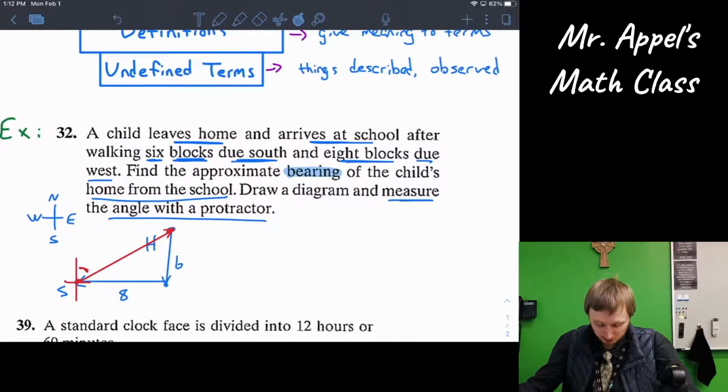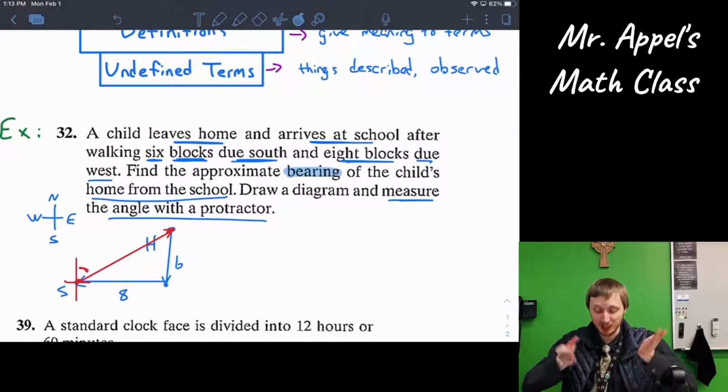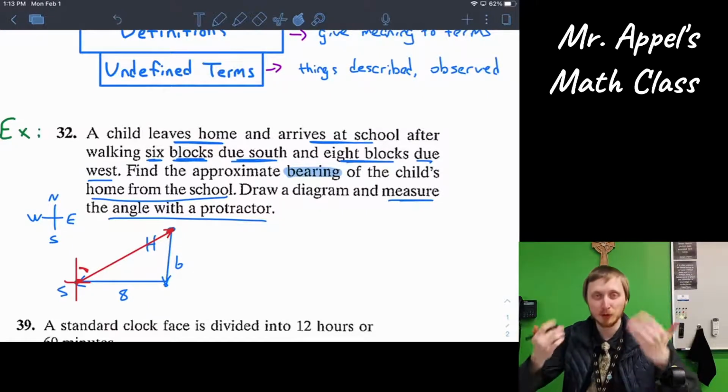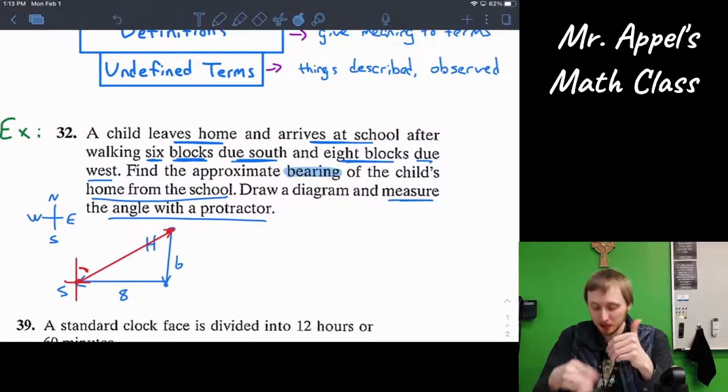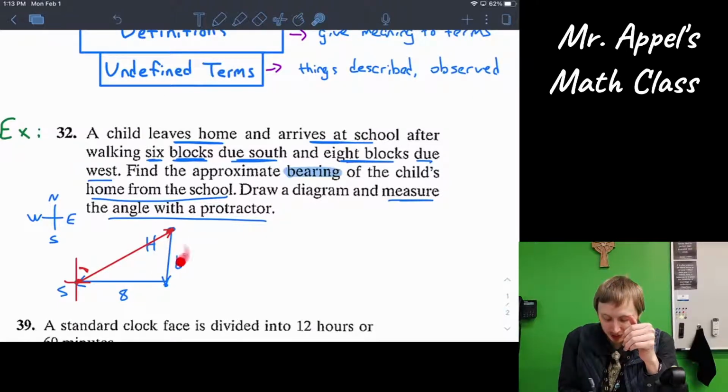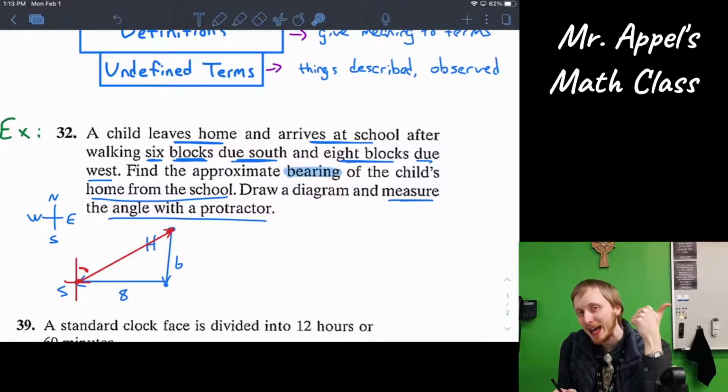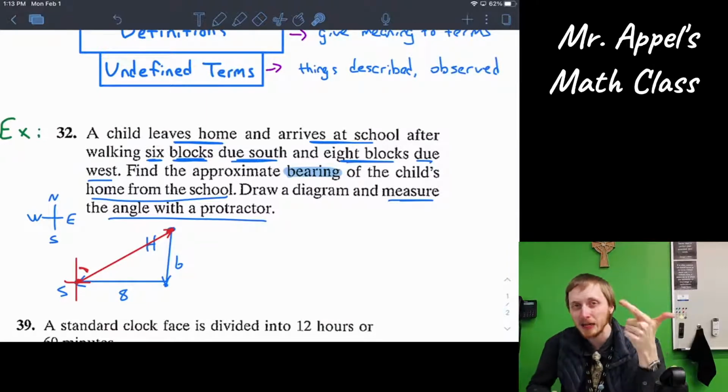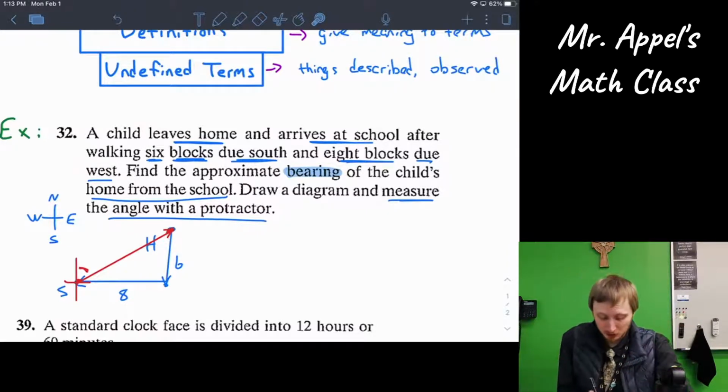I can measure it, but how do I know that I've drawn it properly? I could measure this sketch as is, but how do I know my sketch is any good? Is this a good diagram representation of what's going on? If my measurement is going to be accurate, I need an accurate diagram. I'm measuring off the diagram, so I need accuracy with accuracy. This was a quick sketch.